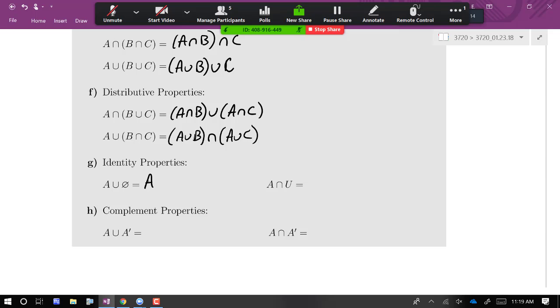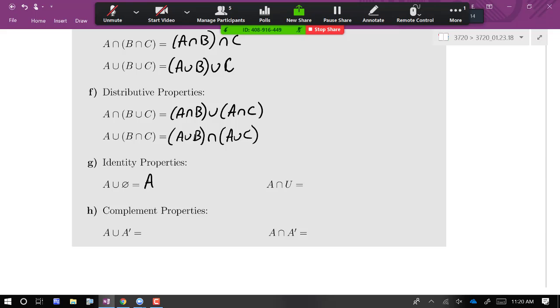So maybe think about this. For us, our universe, the universal set, could be all persons on the Vermont Tech campus right now. I'll narrow it down to Williston, so everybody on the Williston campus, that's our universe, and A will be the set of just us in this room 214 right now.